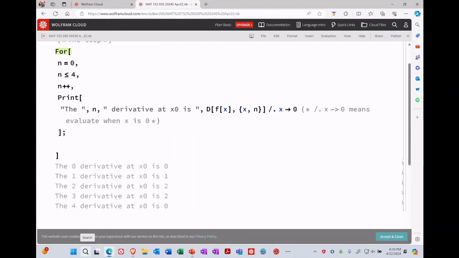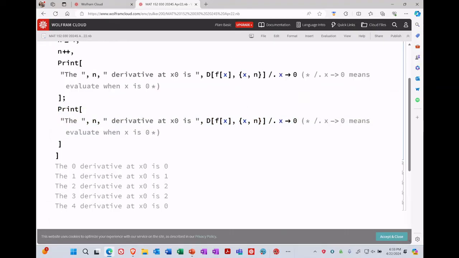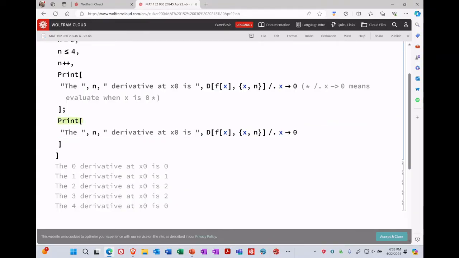I'll do another one as well, just so we can see what the derivative is and then what is the coefficient. It's going to be almost the same. I'll just take that out now. I don't need that comment anymore.